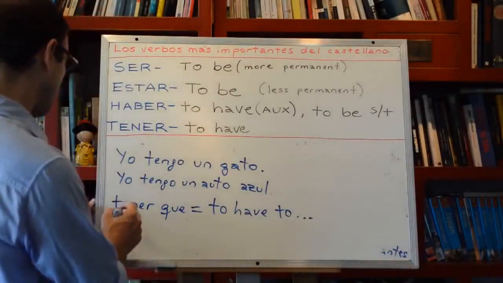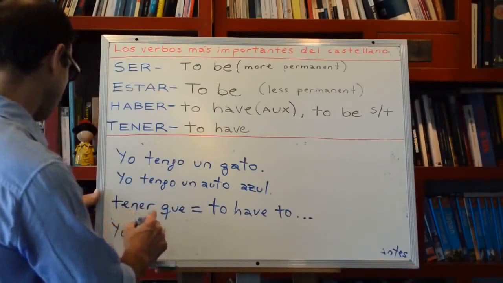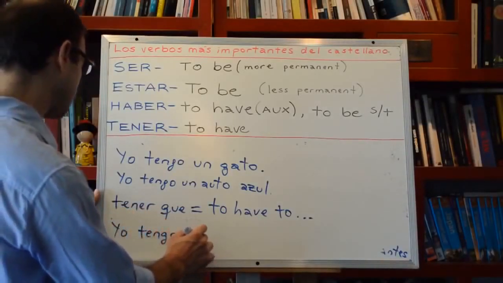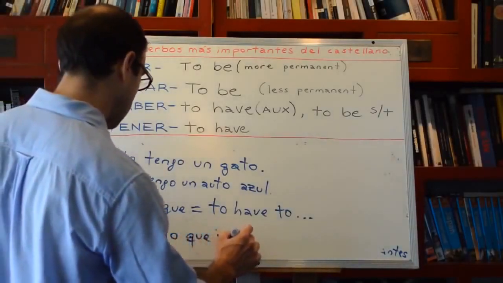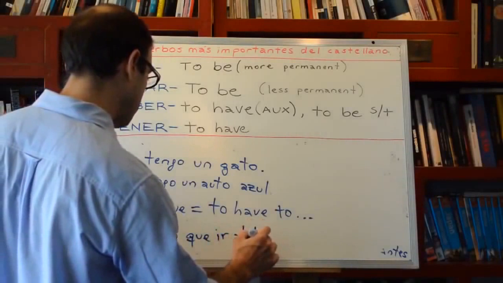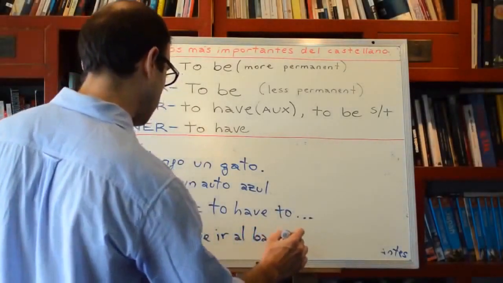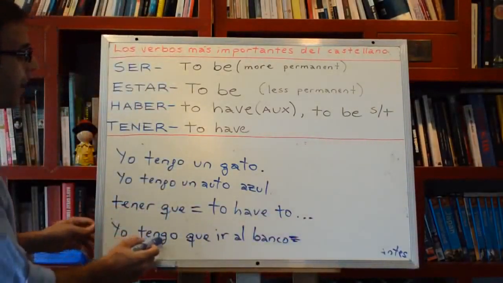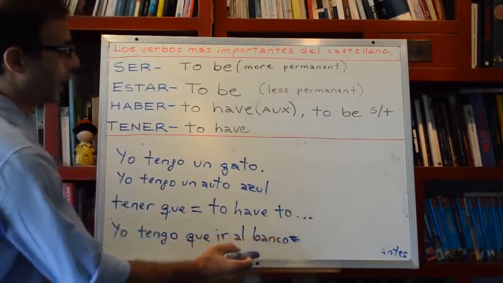So we would say tener que. For example, yo tengo, which means I have, que ir al banco. Okay? This is the same as saying I have to go to the bank, okay?